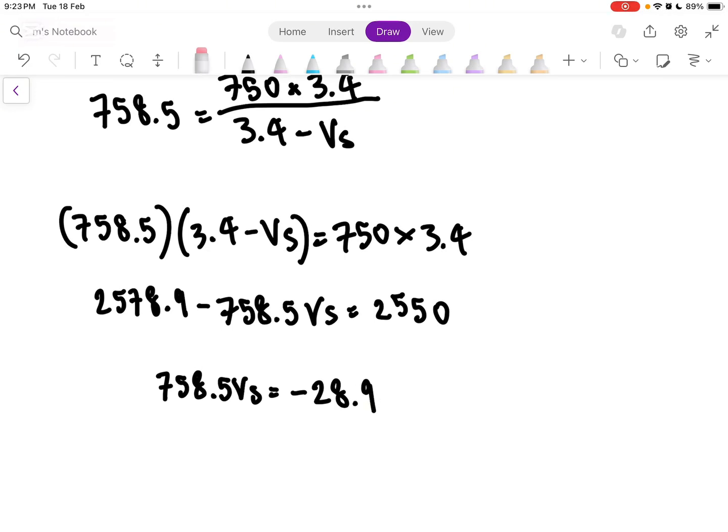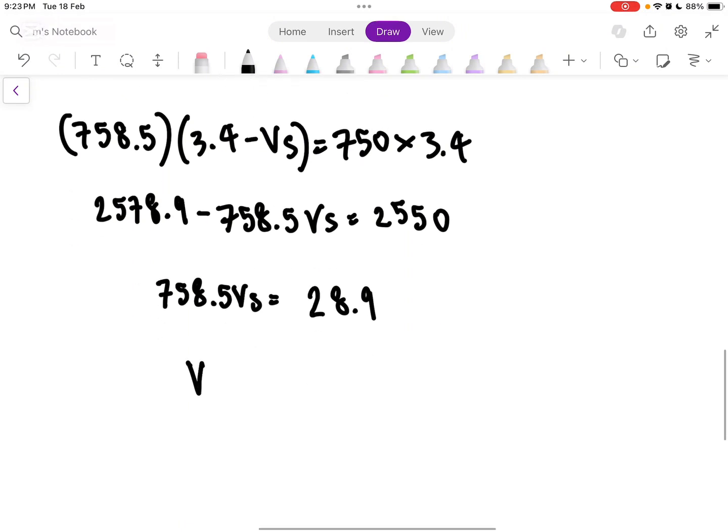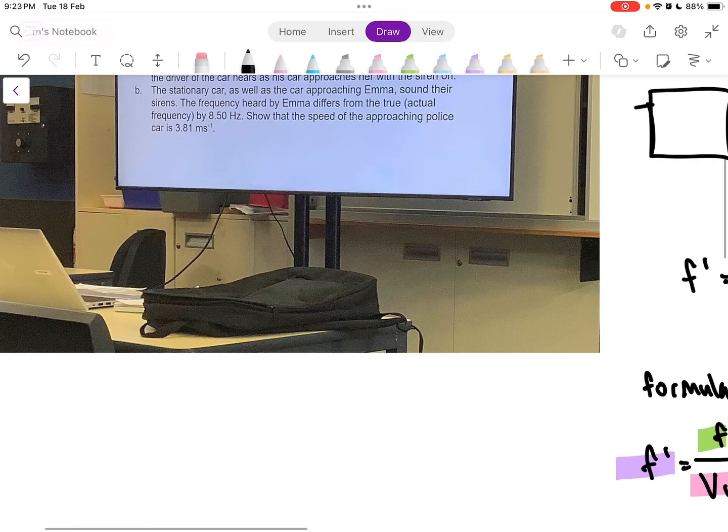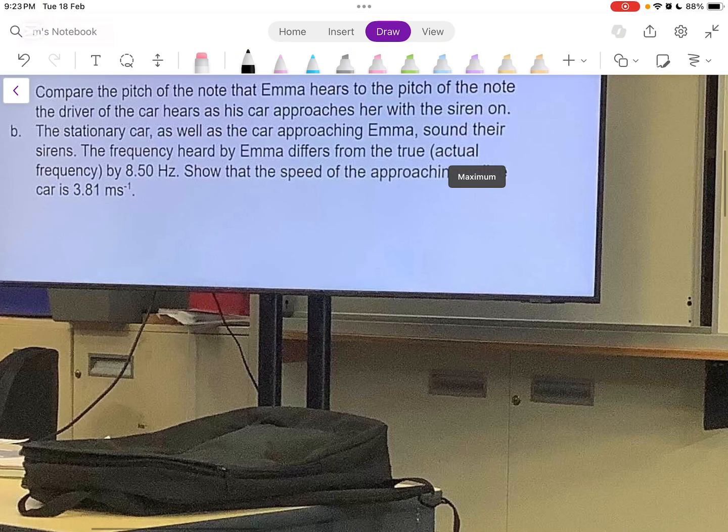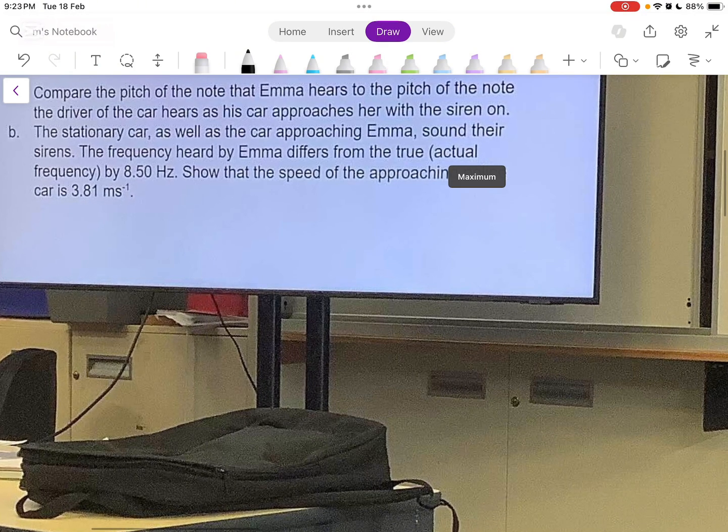I'll just remove these. Okay, what the heck was my number? I forgot. Okay, never mind, I got it. So vs would be that number divided by this. So 0. What the heck? Did I forget to convert something? Because I got 0.038.